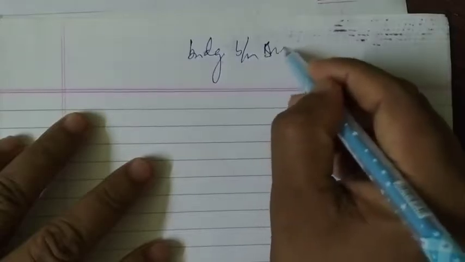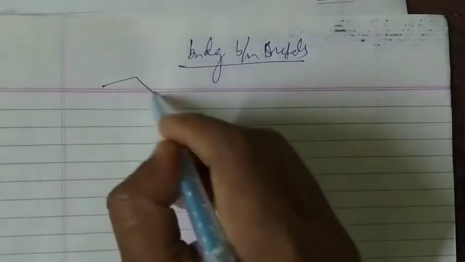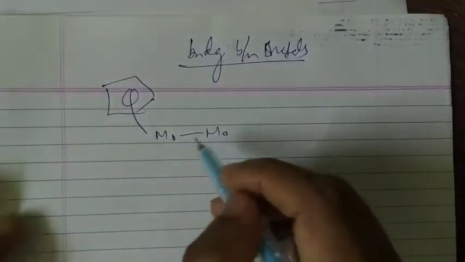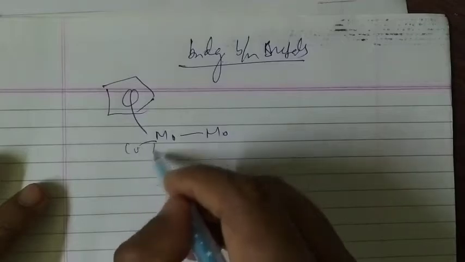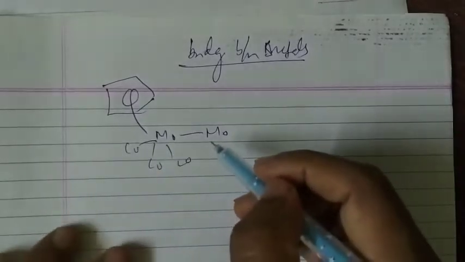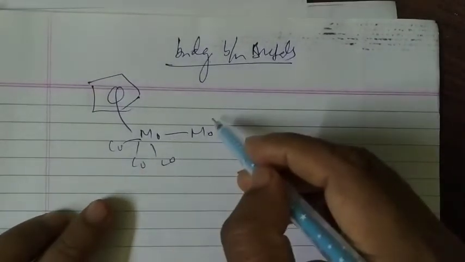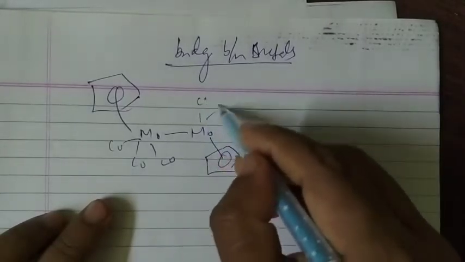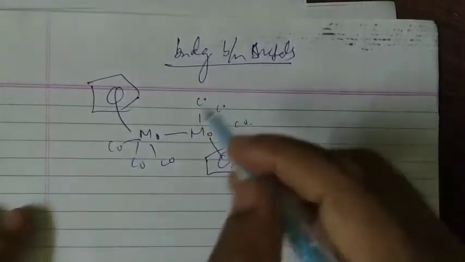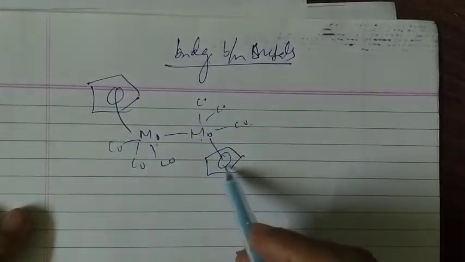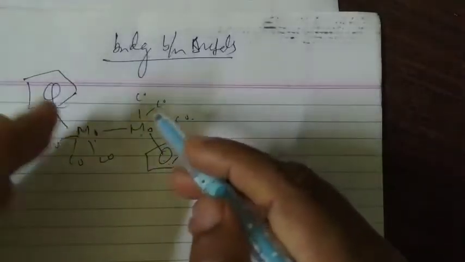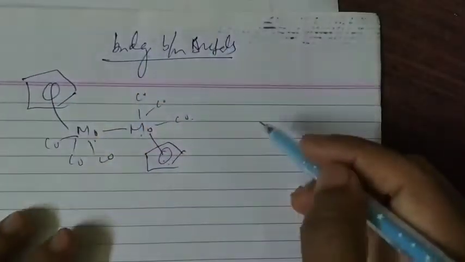So you should know all the types of metallocenes, and that's why this is very important. If you take molybdenum in this way, this molybdenum is bonded with 3 carbonyl here, and here also you can see molybdenum with 3 carbonyl bonding like this. Such types of bonding can exist during the formation of metallocenes with different reaction intermediates.